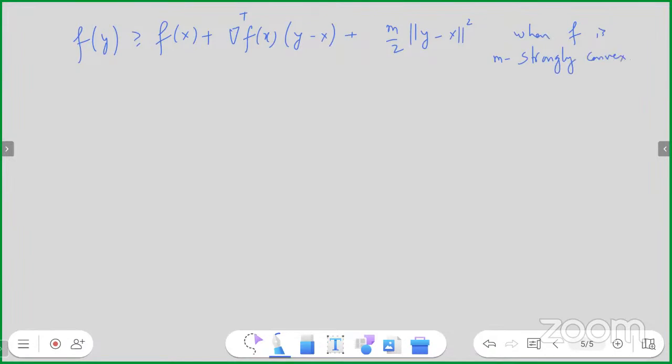That's by definition. Okay. Take y hat is equal to x minus 1 by m gradient of x. What can you say in terms of y tilde now?